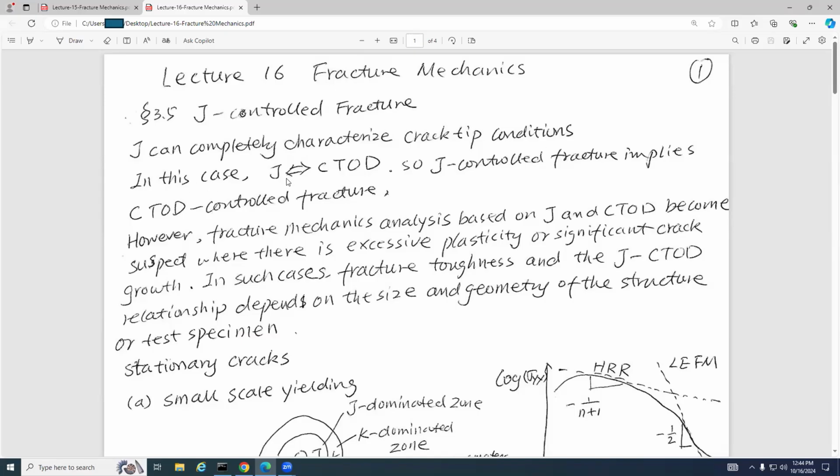J and CTOD are interchangeable, though I should not say equal, because based on the values, they are not equal to each other. You can use either the J integral or the CTOD to describe the crack tip conditions. So J controlled fracture implies CTOD controlled fracture.